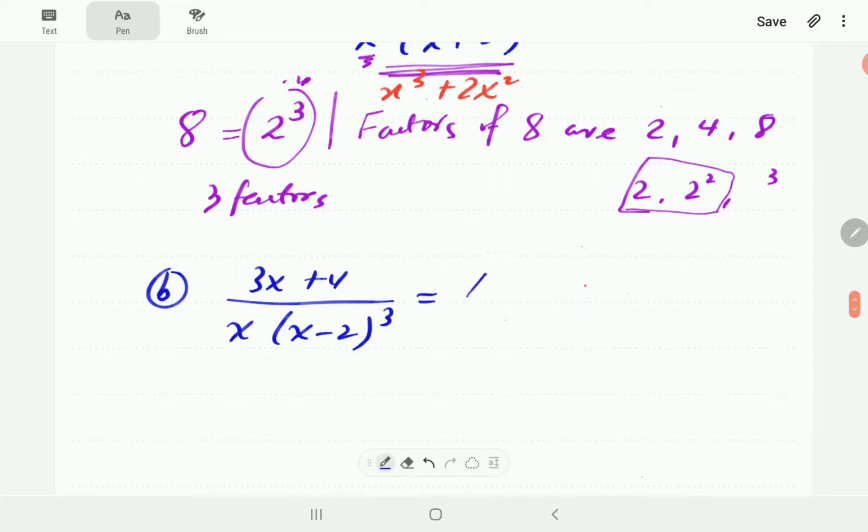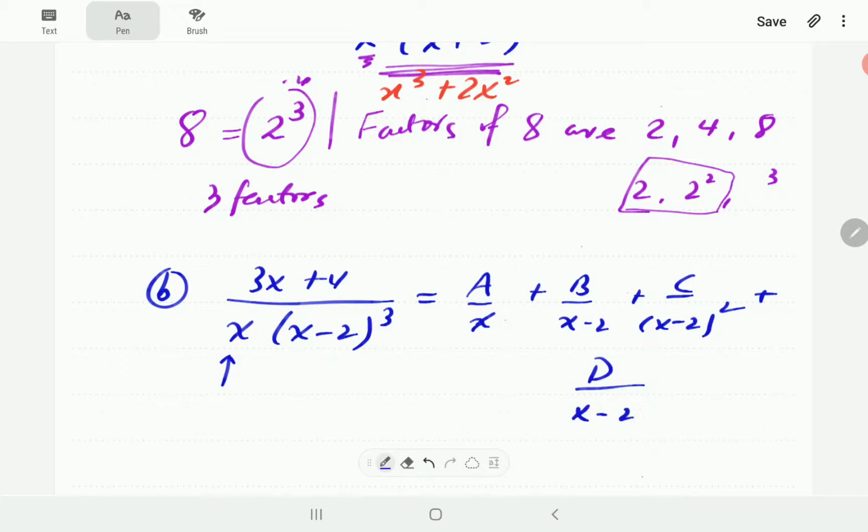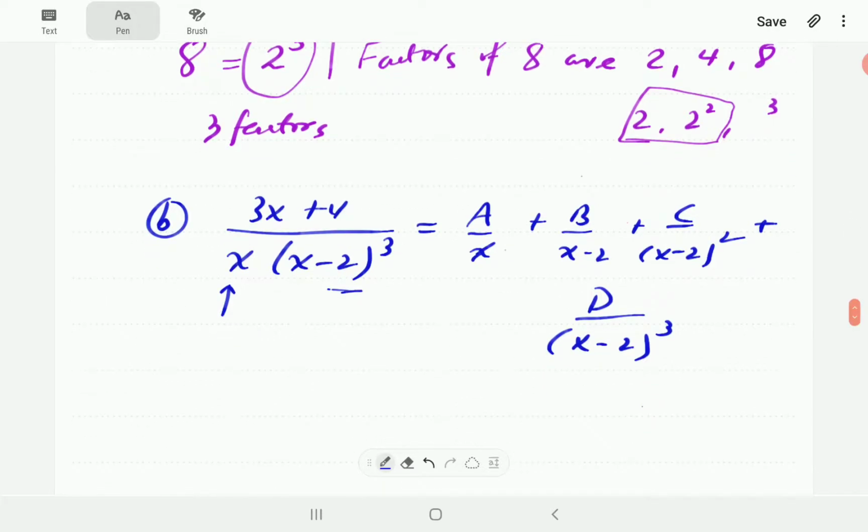Okay, so we're going to have a over x corresponding to this factor here, then b over x minus 2, c over x minus 2 squared, then there's going to be d over x minus 2 cubed, because we have got that factor repeated 3 times. Then again, if you look at this, it is degree 3 times x, so degree 4. We've got 1, 2, 3, 4 unknowns.